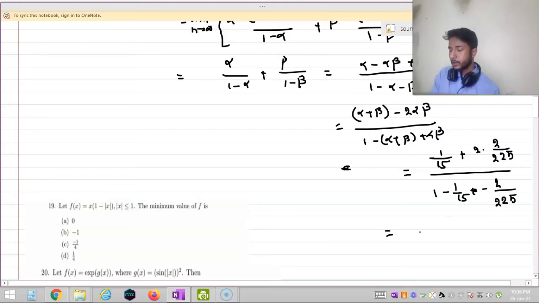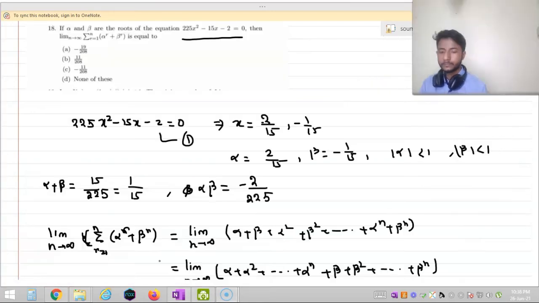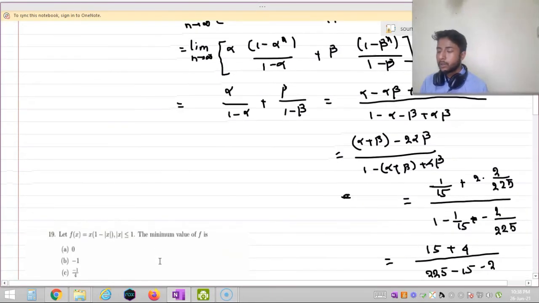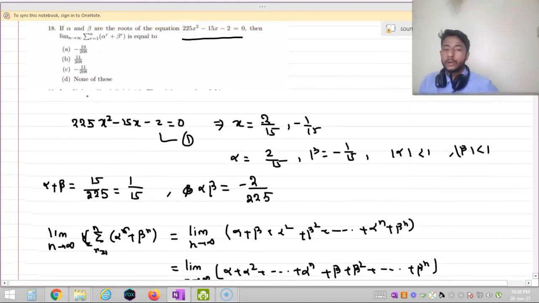So simplifying it, here we will get 15 plus 4, and in place of denominator we will get 225 minus 15 minus 2. So this is 19 by 210. If we subtract 2 from 210, we will get 208. Now you can see that the value 19 by 208 is also not available here, so option D is our correct option.